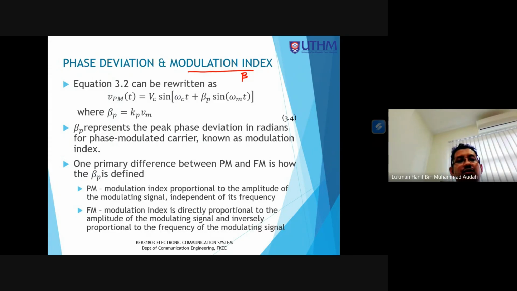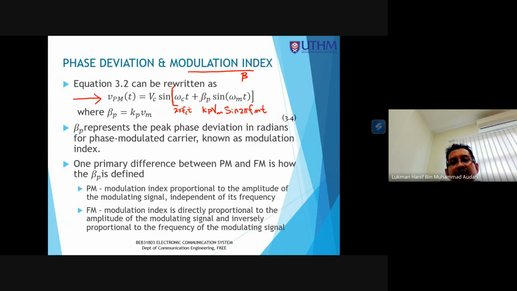From these equations, VPM(t) is equal to Vc sine in bracket 2 pi Fc t plus Kp Vm sine 2 pi Fm t.